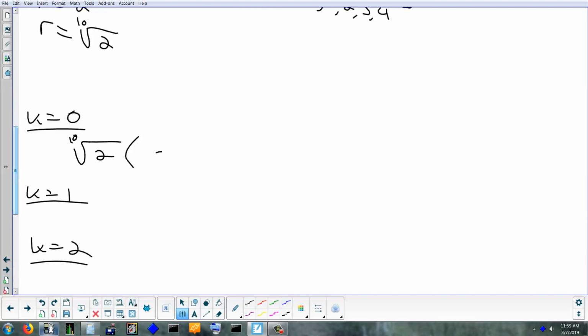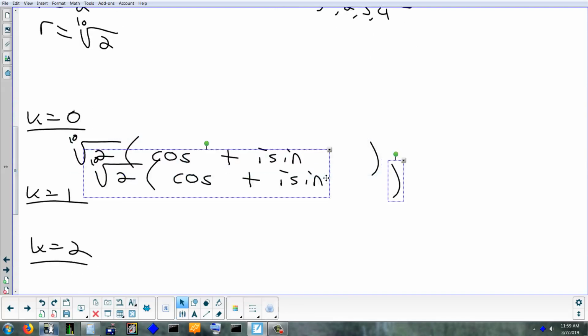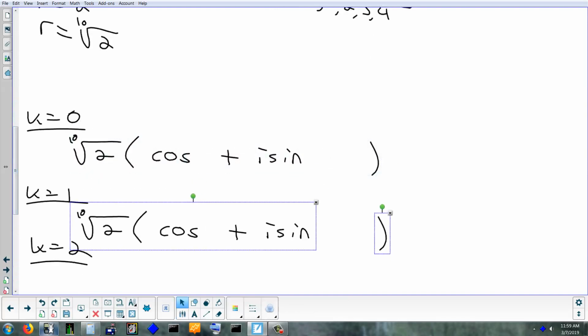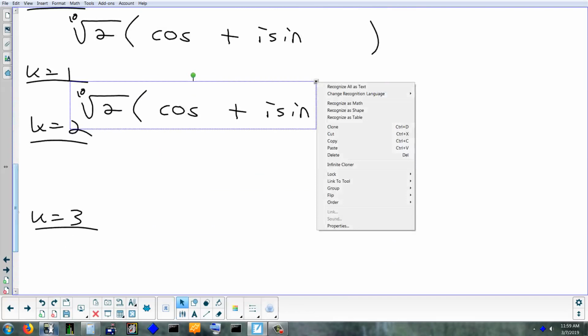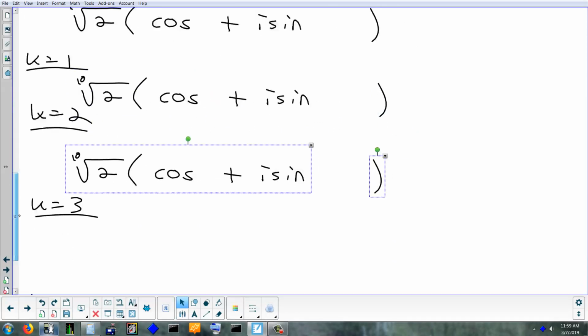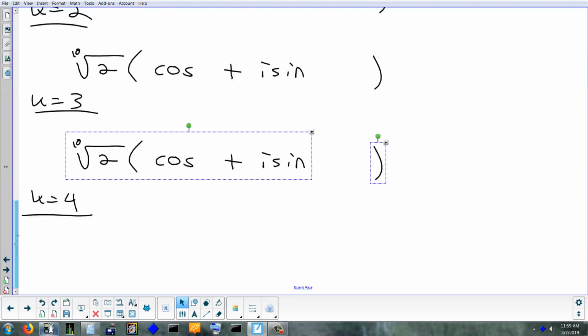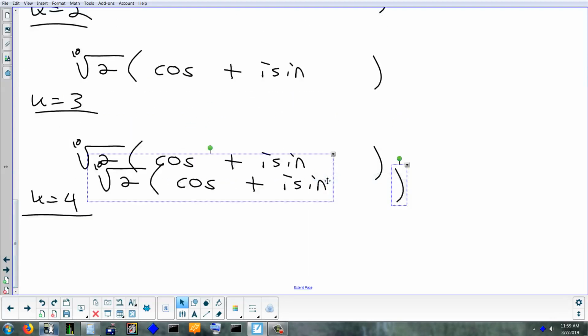You can't do this, but cosine plus i sine, and I'm just going to copy that. Or if your notebook has a clone button, just press that. Anyone have that? No? Yeah, you? Okay. I don't even know if this is that much faster.